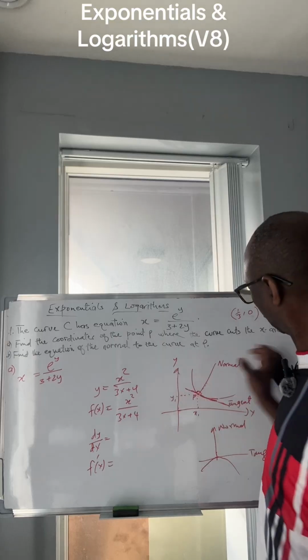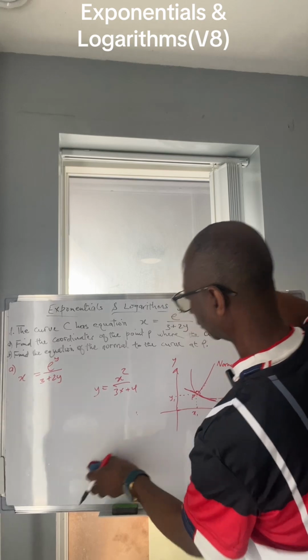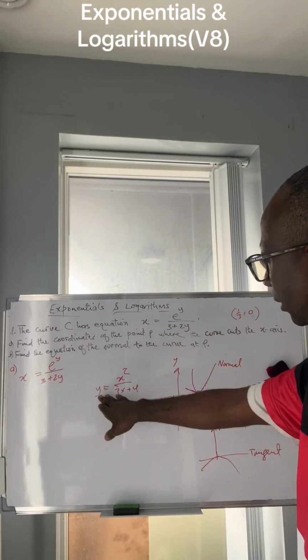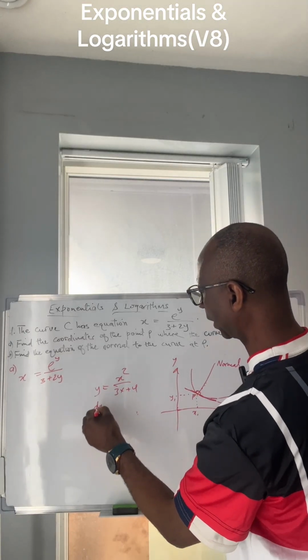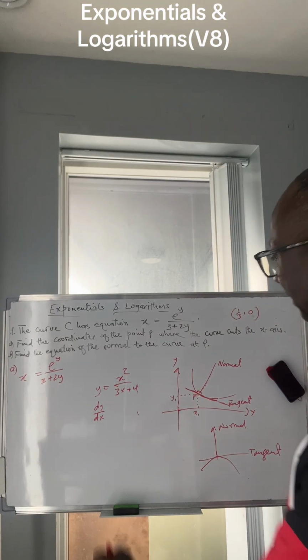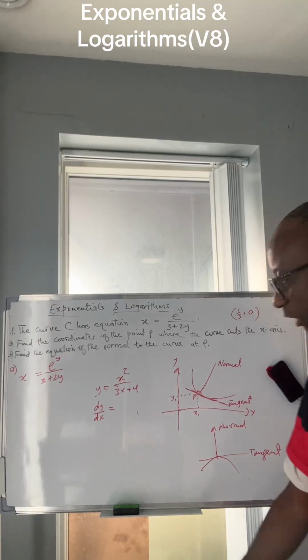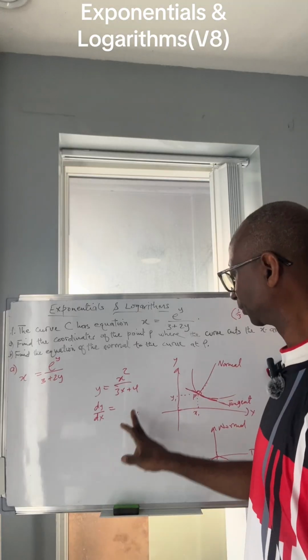So you have y equals something. Let's stick with the first one. Then it's easy for you to find dy dx, and use your quotient rule: v du minus u dv all over v squared.